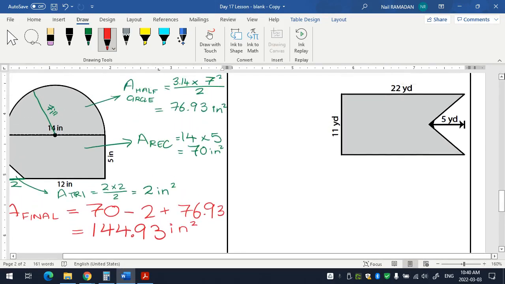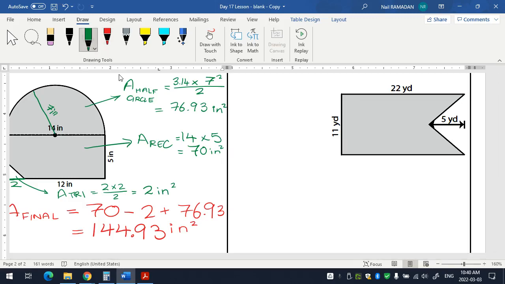Everyone, how easy is that one? What do you just do? Is this an addition or subtraction? Yes. Which is why, everyone, this is your homework.